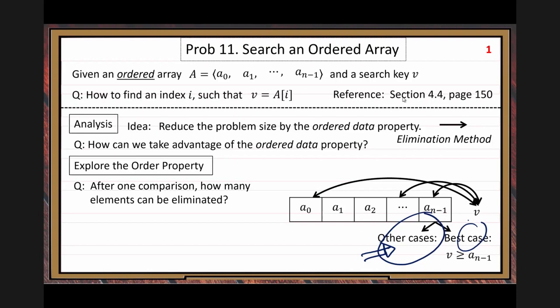So the idea is called an adversary argument, mainly for the worst case solution. So, what is this argument thinking?